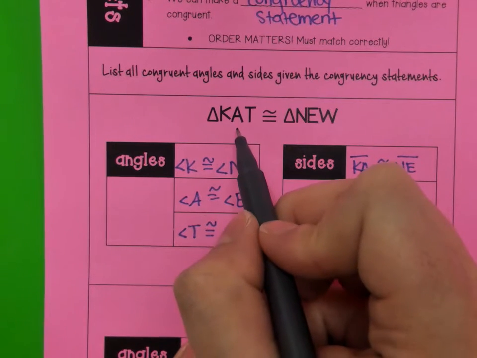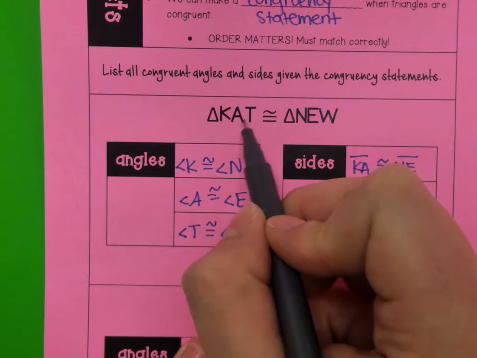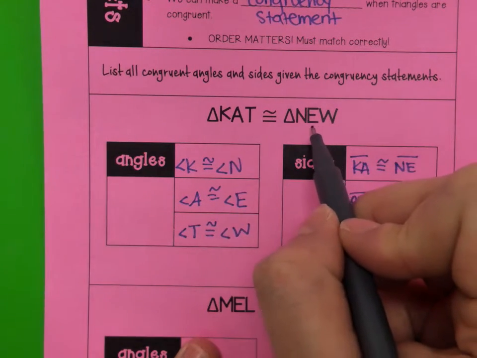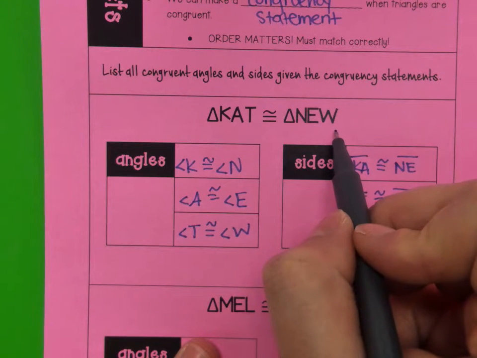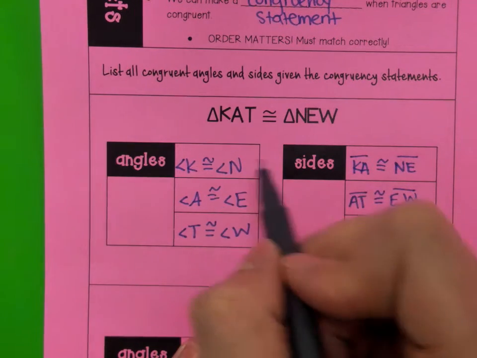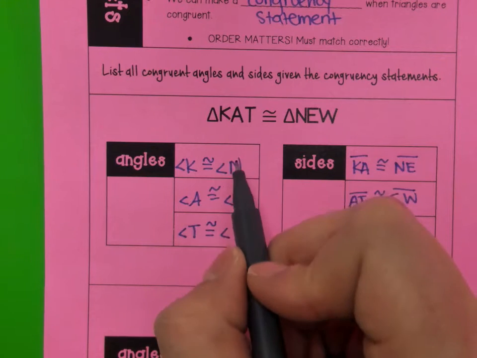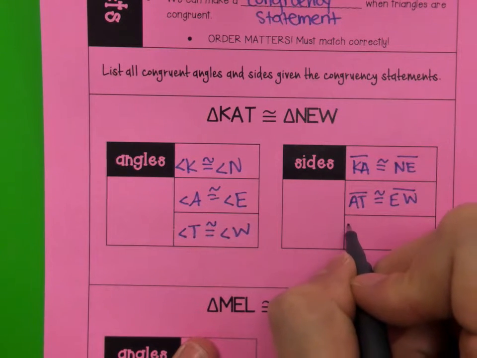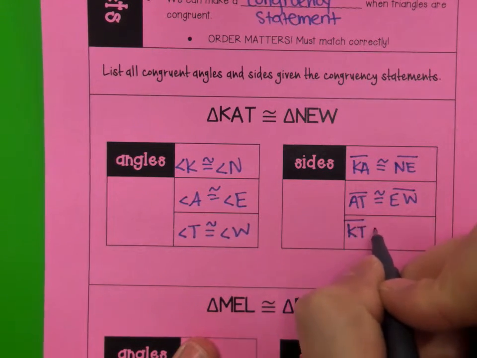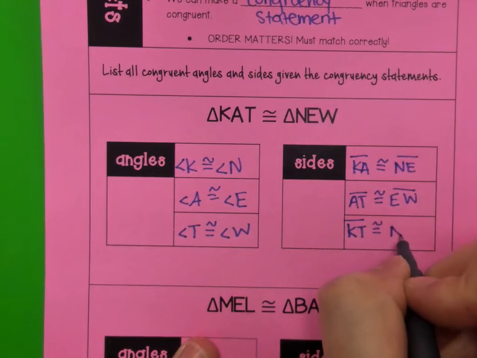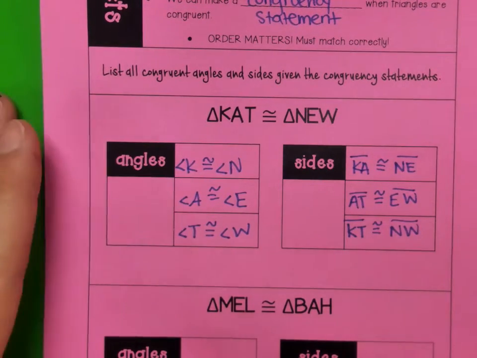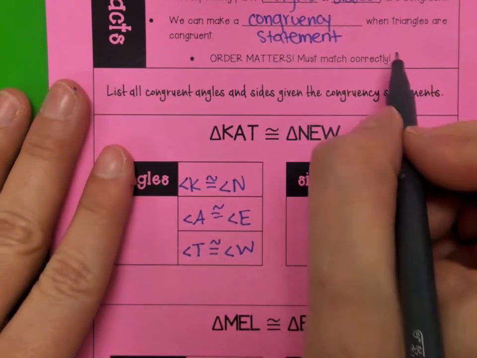AT is in the second and third place in this triangle, so we're comparing it to whatever's in the second and third place in this triangle. Our last side that we haven't talked about, KT, is congruent to NW.